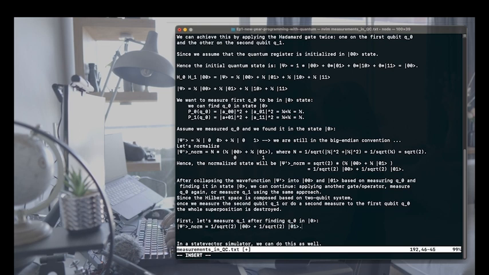And hence, let's rewrite psi prime normalized, which is the collapsed state function after measuring the first qubit and finding it in state 0. That will be 1 over square root of 2 ket 0 0 plus 1 over square root of 2 ket 0 1.